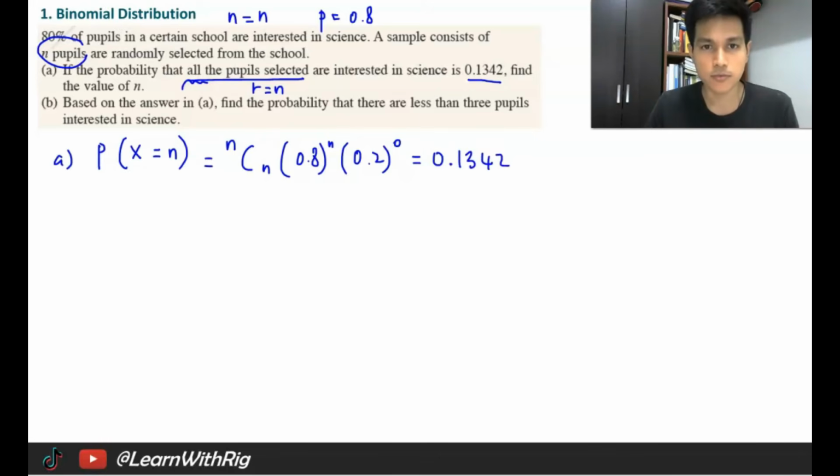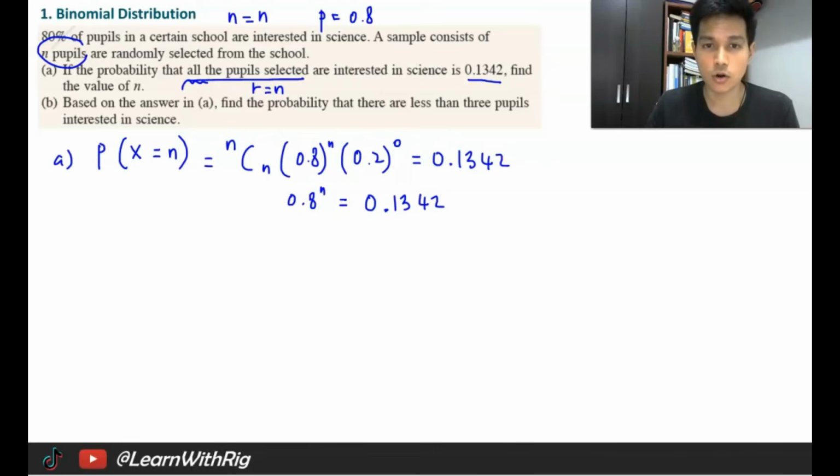Okay, so I told you before, when you get this, nCn is actually equal to 1, and then you can just leave it, you don't have to write it. So 0.8 power n, and this one 0.2 power 0 is also equal to 1, so there's no use writing it. So you have 0.1342. So how do you solve this?